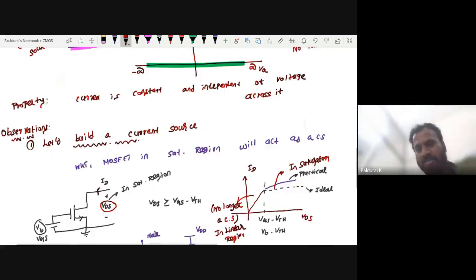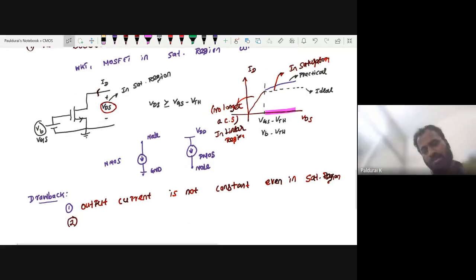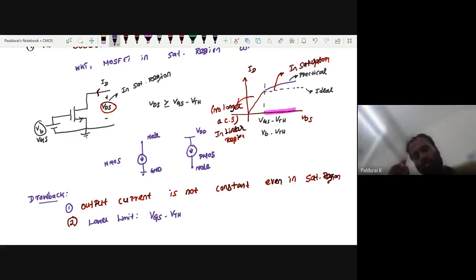But what about here? What is the lower limit here? Is it minus infinite? What about the lower limit? The lower limit, you can go only up to VGS minus VTH, right? So the voltage range is limited.